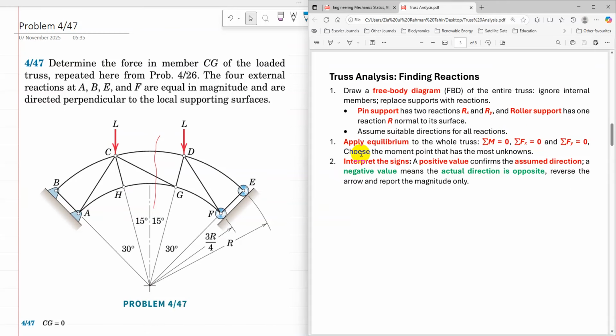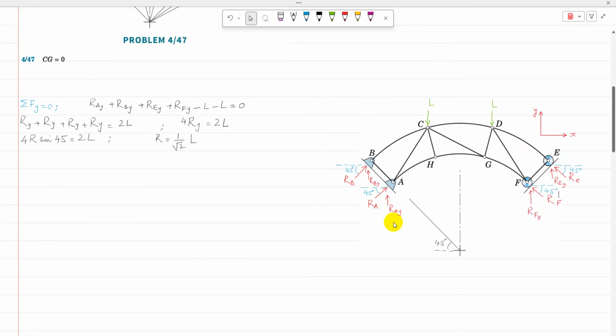Next we need to apply the equilibrium conditions to the whole truss: sigma M equal to 0, sigma Fx equal to 0, and sigma Fy equal to 0. All reactions are resolved into their vertical components RAY, RBY, RFY, and REY, because the known loads are in the vertical direction.